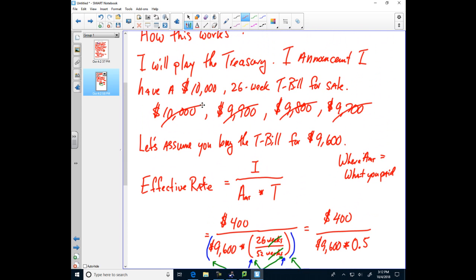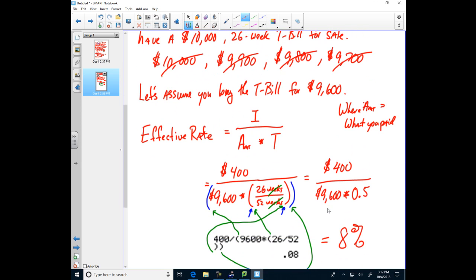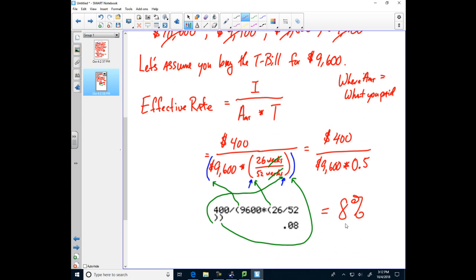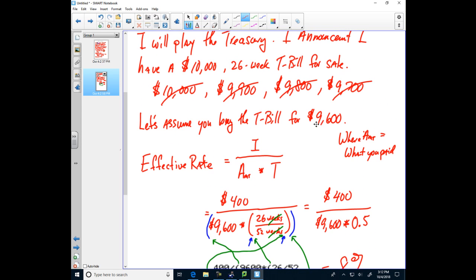I started off offering a T-bill at $10,000. Nobody wanted to buy it because there wasn't any interest on it, was there? Nobody wanted it at $9,900. Nobody wanted $9,800. Finally, and this is quite arbitrary, because these days you're not going to get 8%, somebody said, I'll buy it for $9,600.